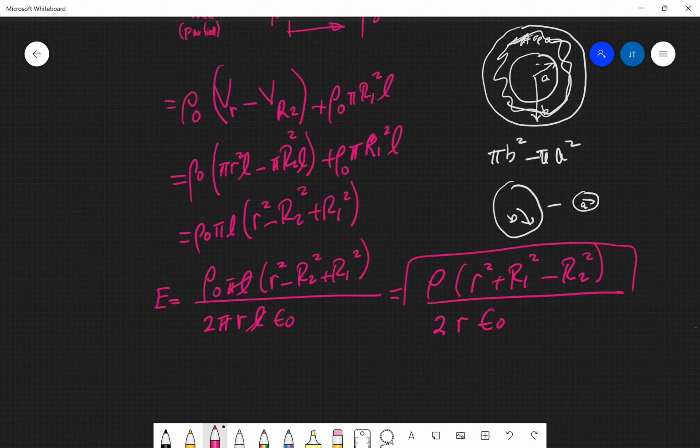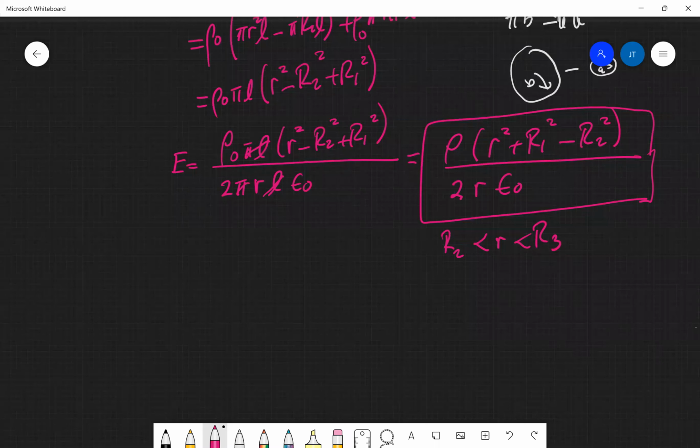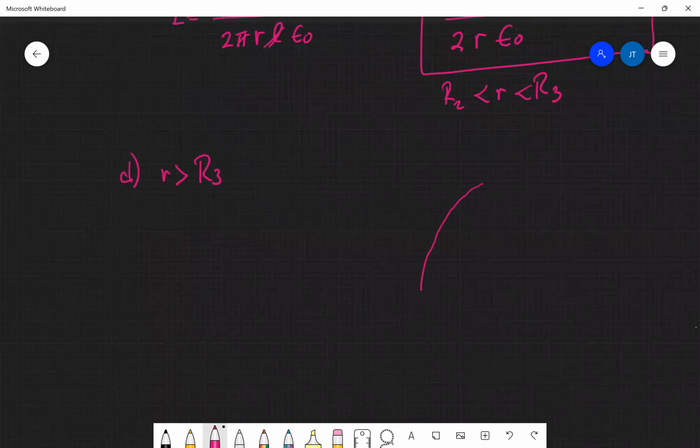Now let me go outside. So part D. When r is greater than R3, what do we have? Again, the cross section, R1, R2, R3.